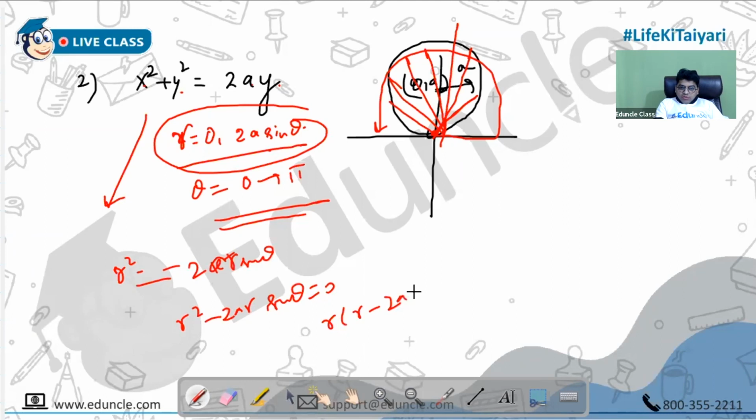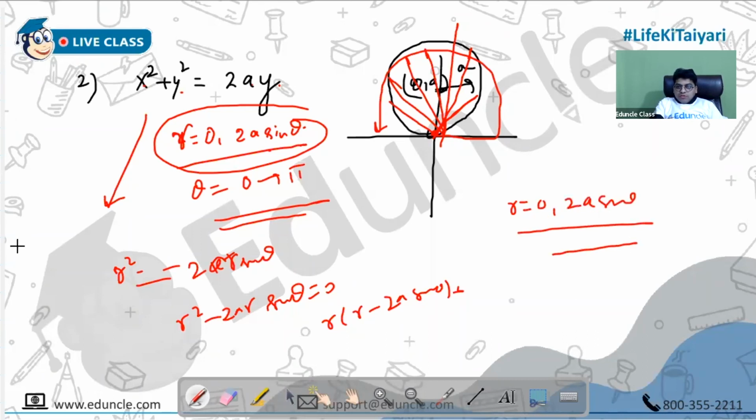So r minus 2a sin theta is equal to 0. It means r is equal to 0 and r is equal to 2a sin theta.